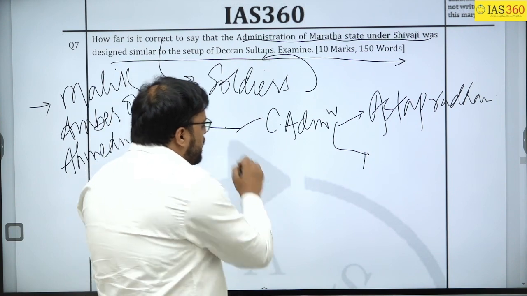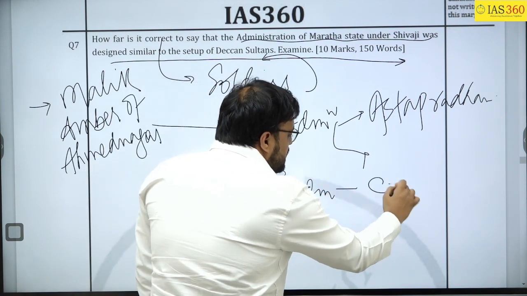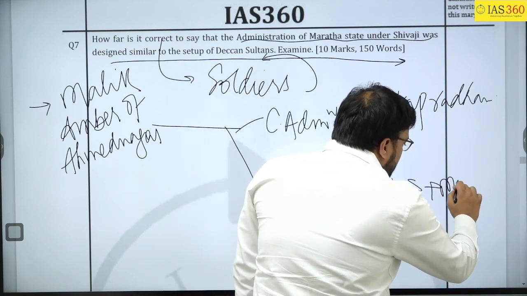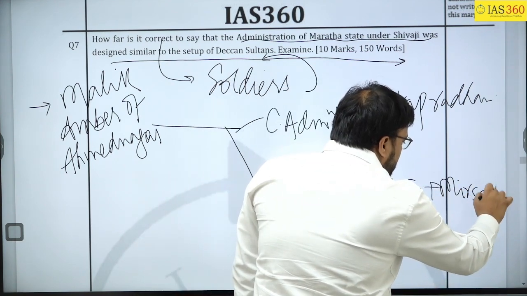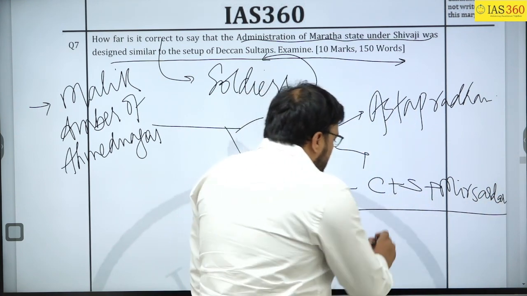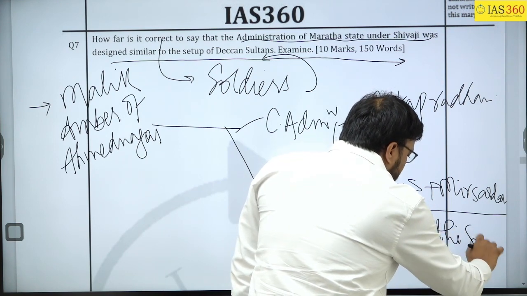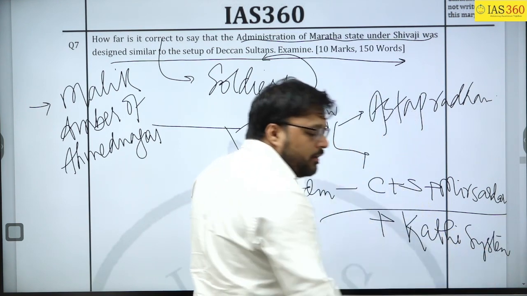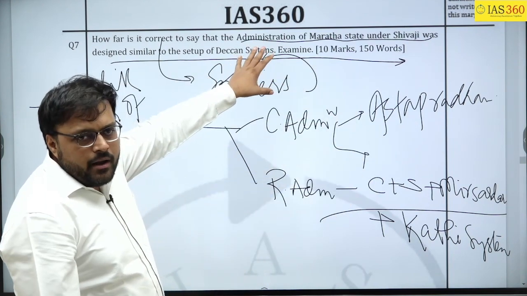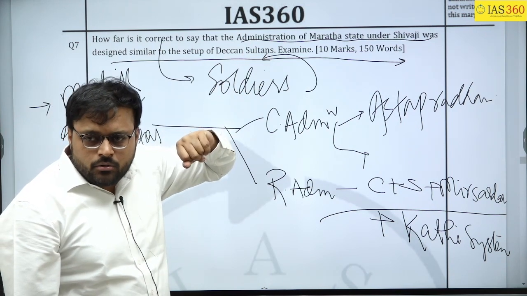Then you can talk about revenue administration: Chauth, Sardeshmukhi, Mirasdars, where grants of land were given. Then you can talk about the Kathi system, the system of measurement using a rod, the Kathi. The same thing was in the Deccan Sultanate period, and now it is in Shivaji's administration also.